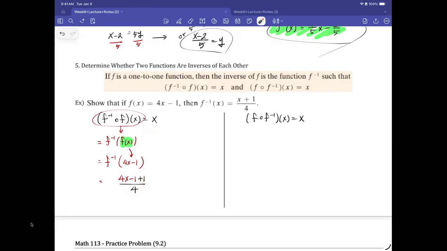Let's simplify it. Negative 1 plus 1 is 0. And then this one is 4x over 4, which is x, which is this. Perfect, right? So halfway done.